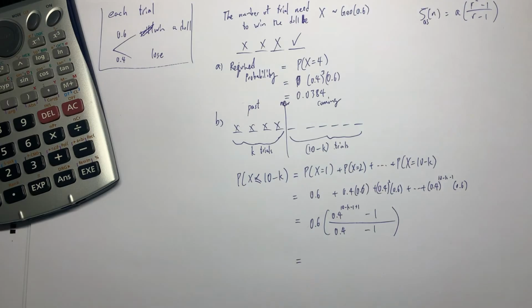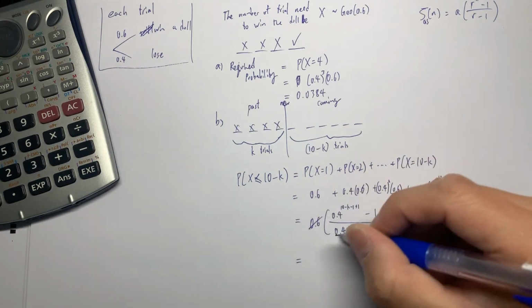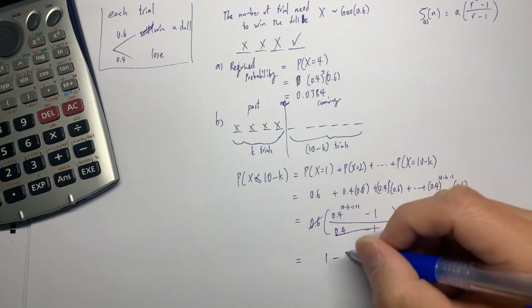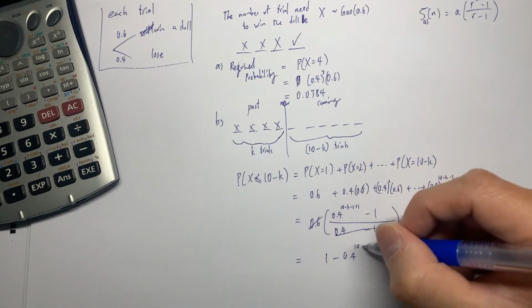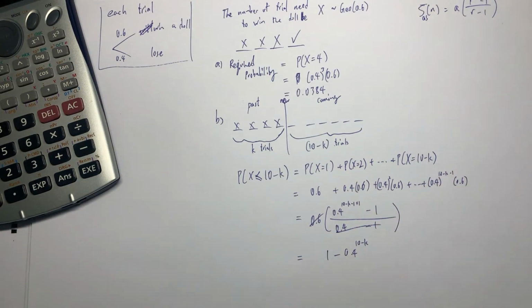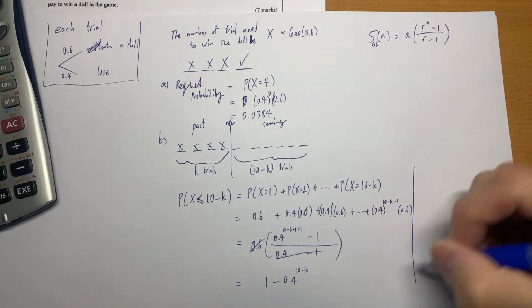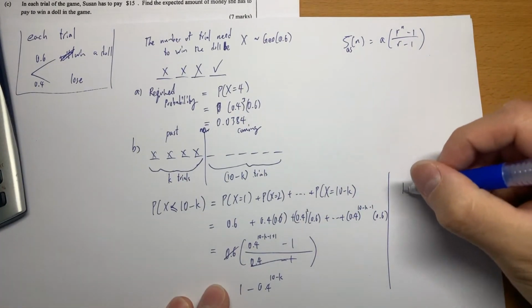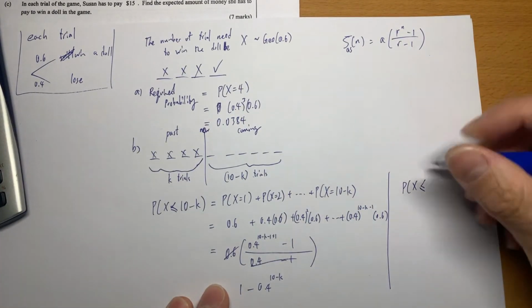So after that, you'll find that we basically did some stupid thing, because this one can be cancelled out. So this is 1 minus 0.4 to the power of 10 − k. This is the probability.